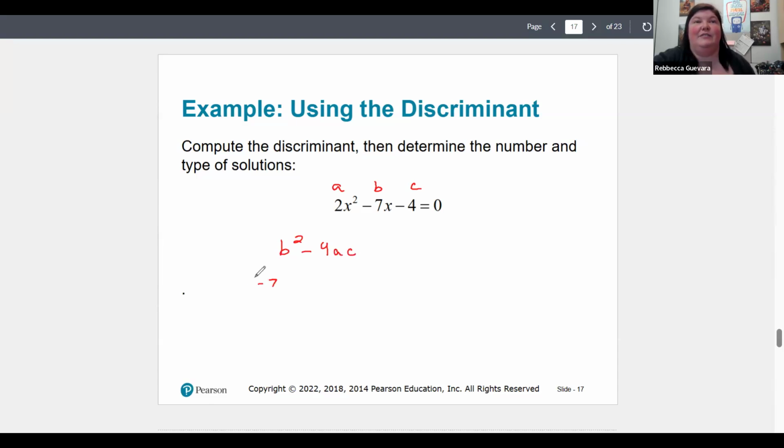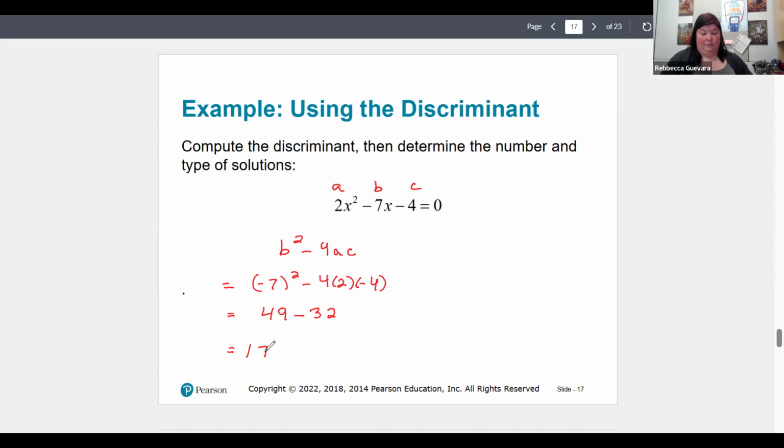So that means we're going to have negative 7 squared minus 4 times 2 times negative 4, which is going to be 49 minus... times, oh, negative 4.